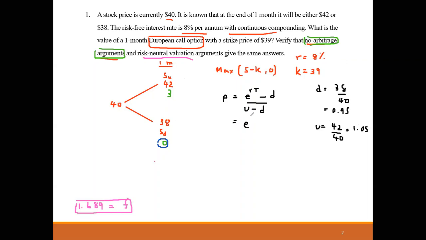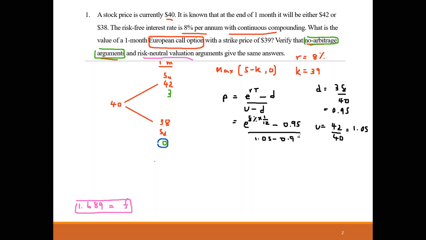So here E to the power R is 8%. The value of T is 1 over 12, minus D. D is 0.95, divided by 1.05 minus 0.95. What is the value of P you get?